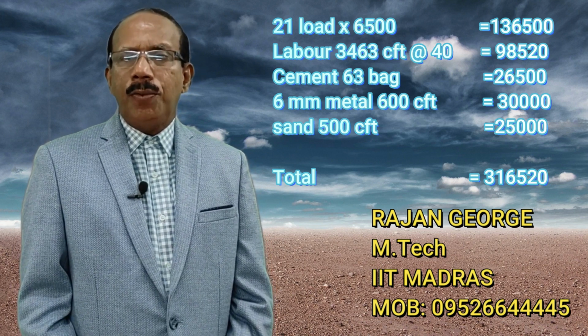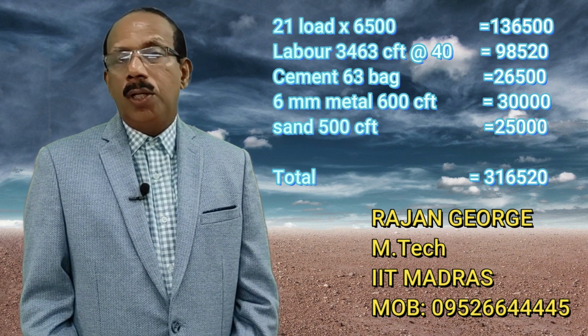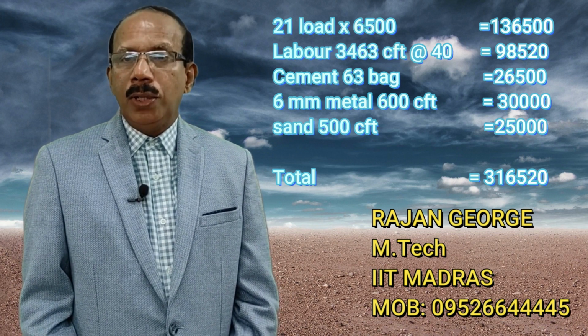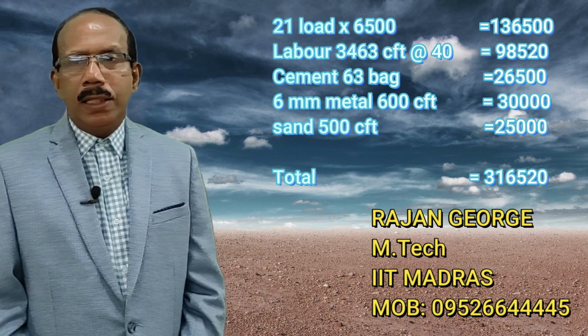Sand 500 cubic feet, 25,000 rupees. The total cost of rubble concrete is 3,16,520.